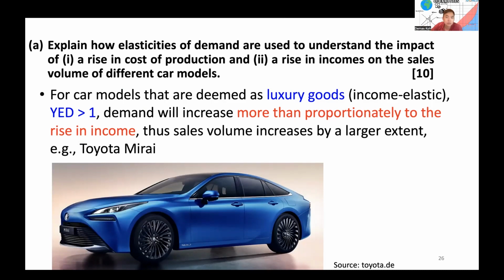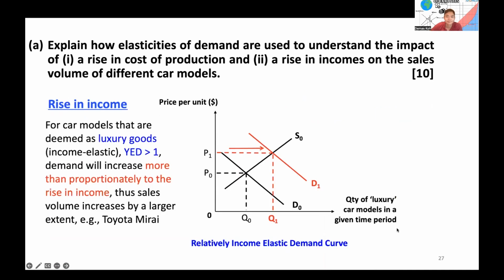So the demand would rise more than proportionately to the rise in income. And as you can see in the diagram, there is a very significant rightward shift in the demand curve as compared to what we saw for Toyota Corolla. So this means actually that the demand has risen more than proportionately to the rise in income.